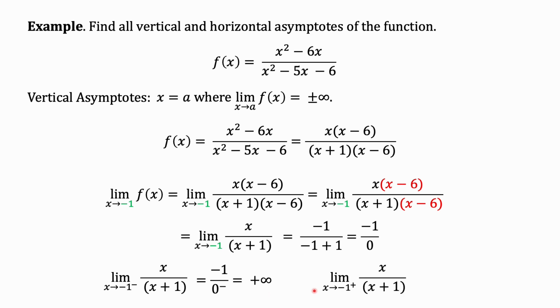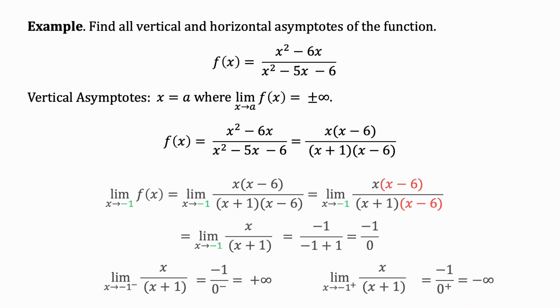And as we take the limit from the right-hand side, we plug in a value that's slightly larger than negative 1, and we get a value that is very, very small again. We're in the limit, so we're never actually equal to 0, but we get very close to 0, but this time it's slightly positive, slightly larger than 0. So this ratio is going to give us negative infinity.